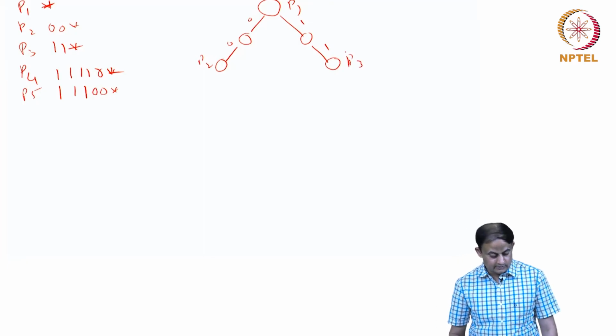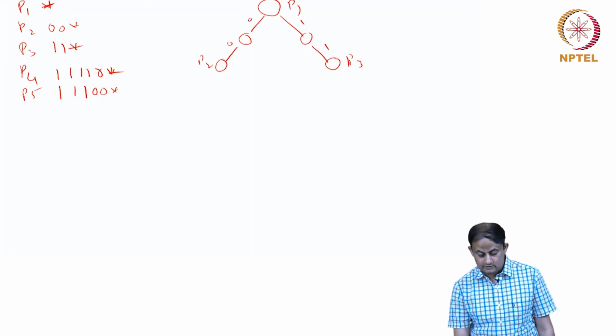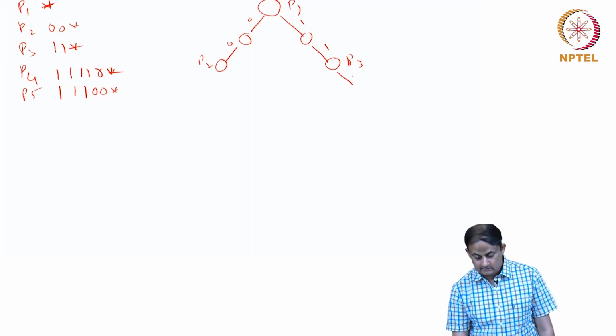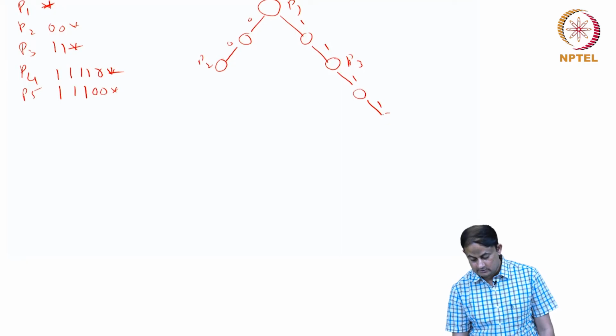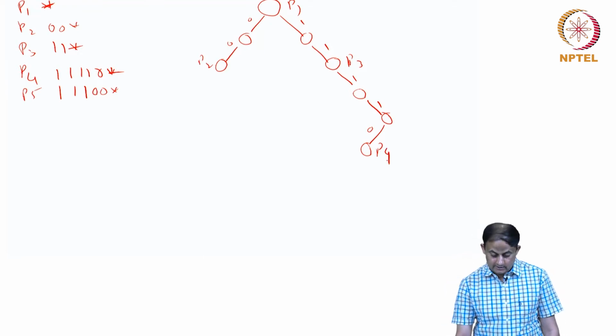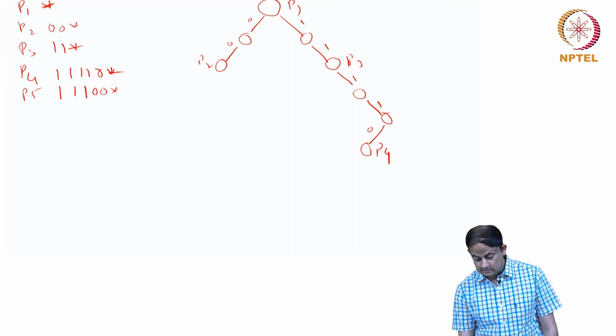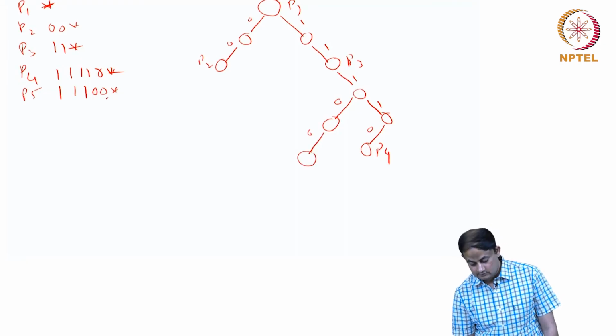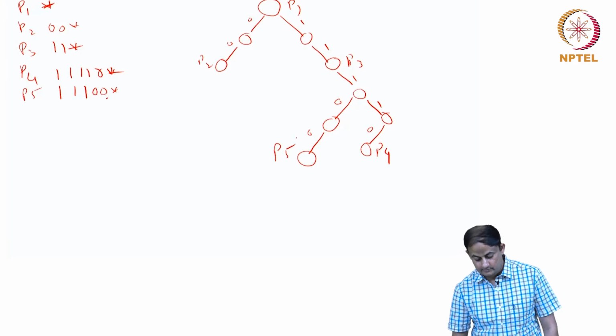P4 is 4 times 1 followed by 0. 2 times 1 is already there, then the third one and the fourth one, and then 0, this is my P4. P5 is 3 times 1 followed by 2 zeros. 3 times 1 is here, and then I take a branch here, go to this node, 1 0 followed by the second 0, this is my P5.